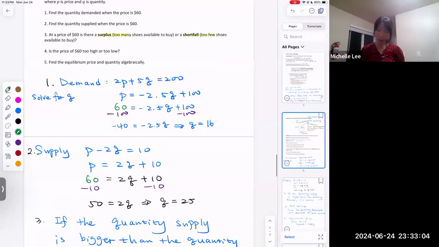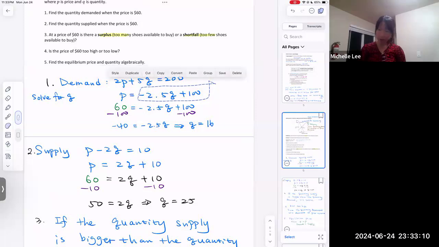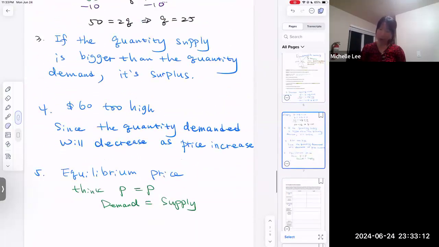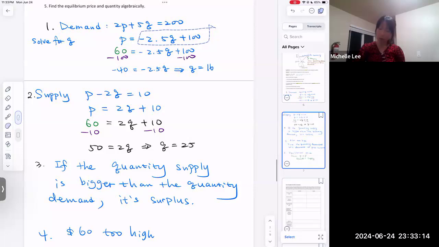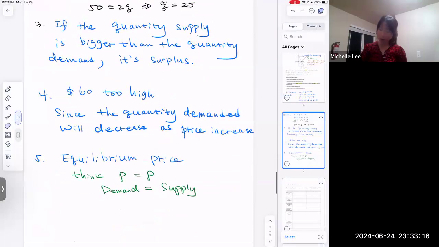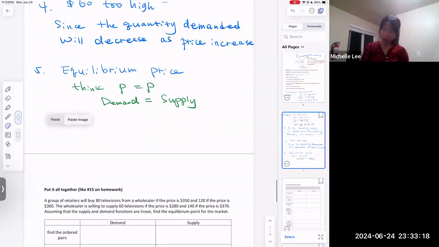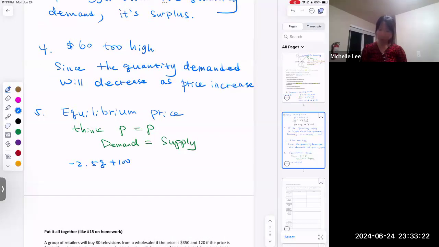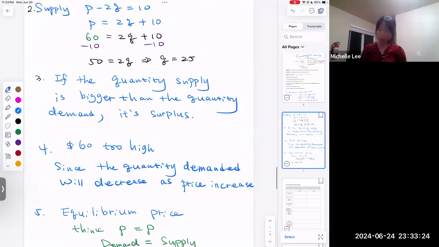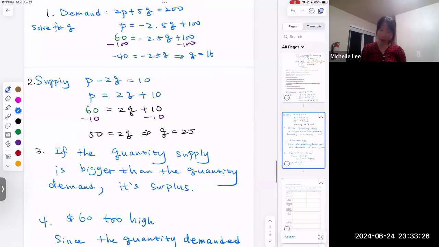So demand, we have this, copy. And that equal to supply price. So we have this one.